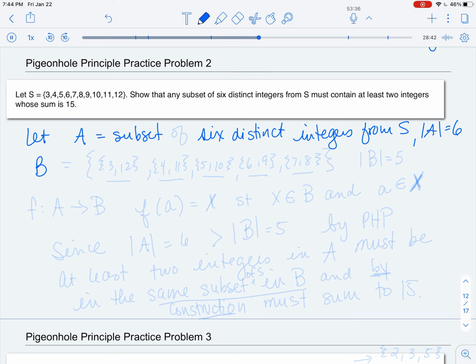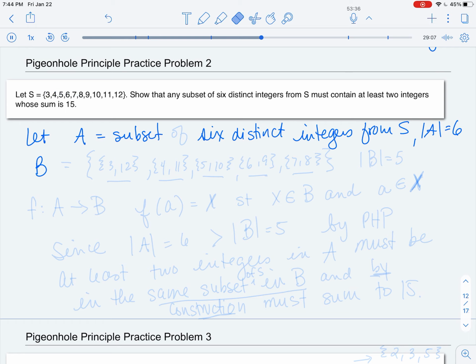So maybe I'll just take this 1, 2, 3, 4, 5, and I'll just stop here. If I make sure that I take those first 5 numbers, if I take anything from the other remaining numbers, then I know it's going to have to sum to 15. So that's a temptation, and that is what you don't want to do.